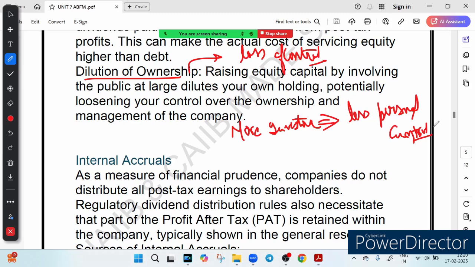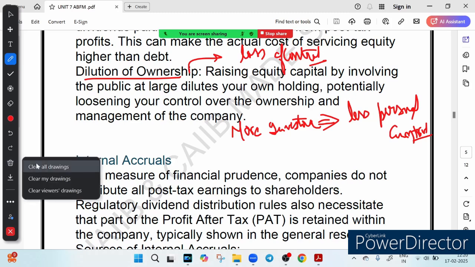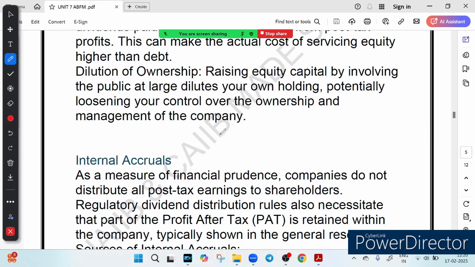Right, so final takeaway: which one should a business choose? Depending on what they need. If a business wants financial stability and long-term growth, equity is a great option.